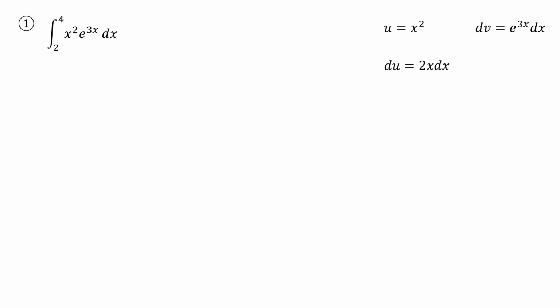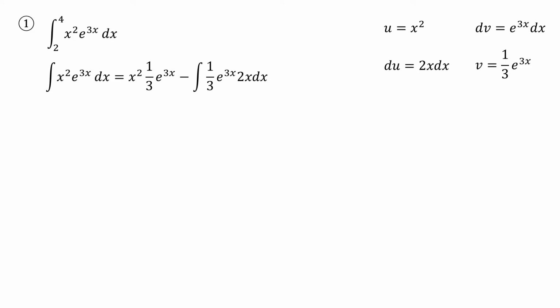If I integrate e to the 3x, I'll get e to the 3x. But I gotta think about chain rule and say, oh yeah, I gotta put a 1/3 out in front. Because when I take the derivative, the chain rule says, hey, you have to multiply by 3, but I don't see a 3 in front of that e, so I need that 1/3.